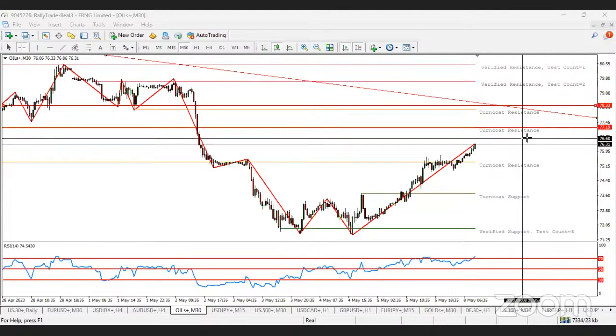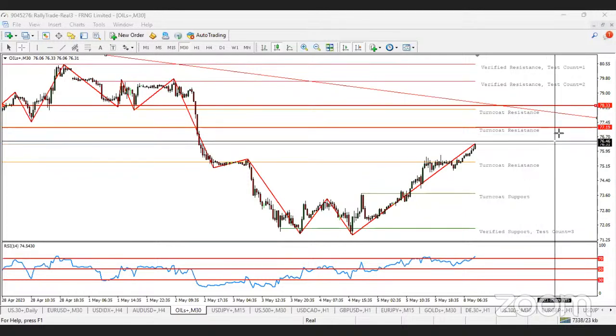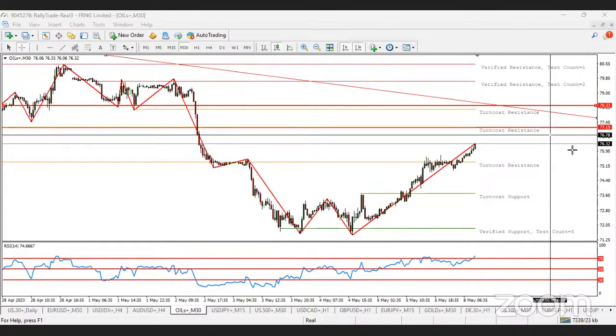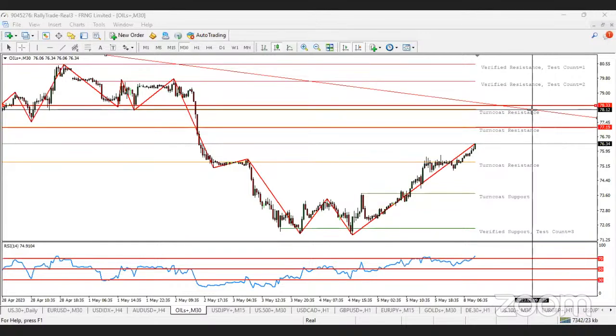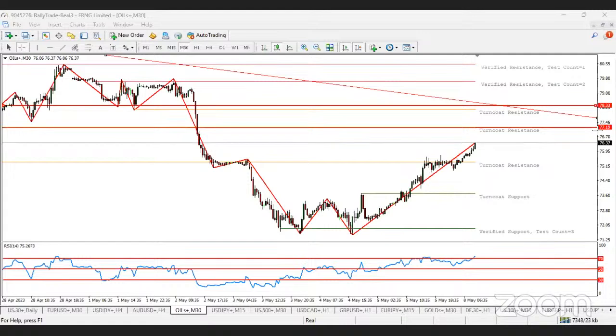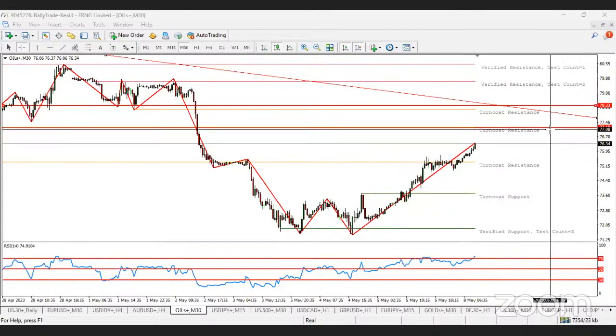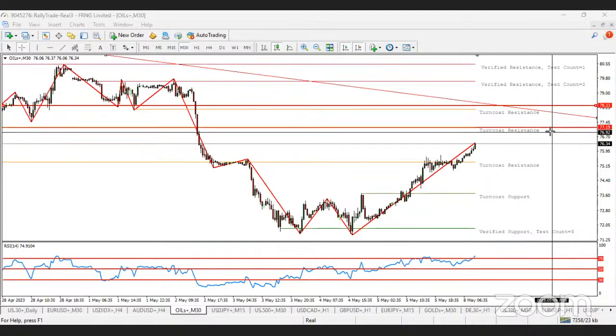But right now, since price is yet to get to that area, we can see that the price of oil is expected to get to this 77.19 region. So I can give us an instant order on oil for the price to keep going up to that region. To some extent, it's a safe position to enter a buy on oil now and expect the price to get to this 77.19 region.